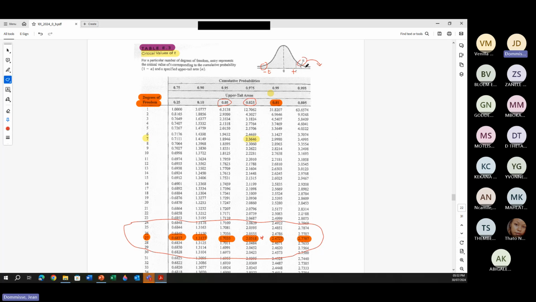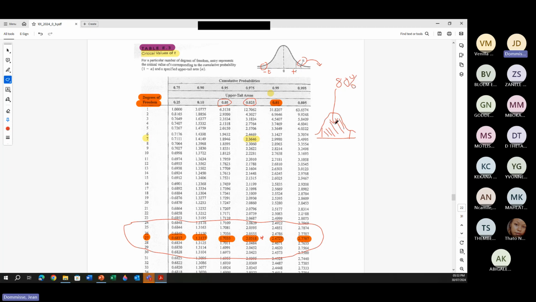Okay, so here we see it. Remember they tell us that 80% of the values or the probability is between two t values.